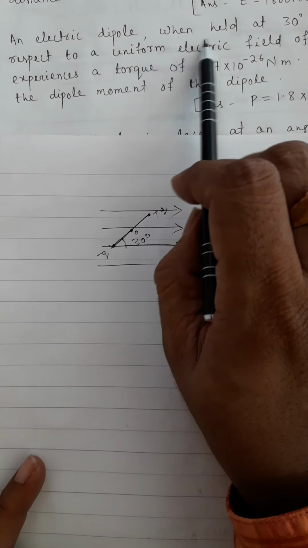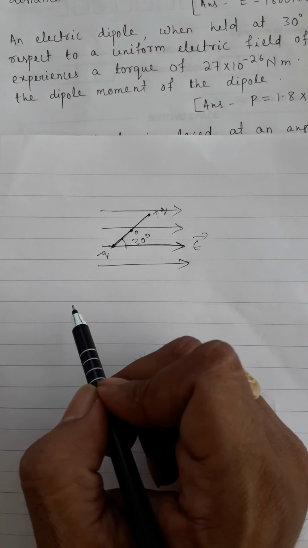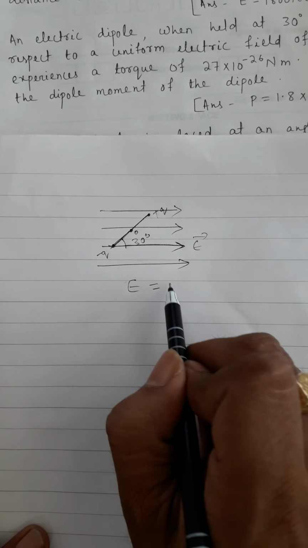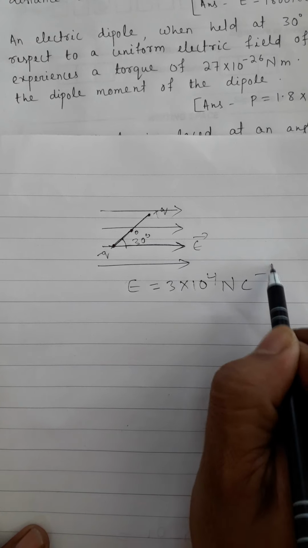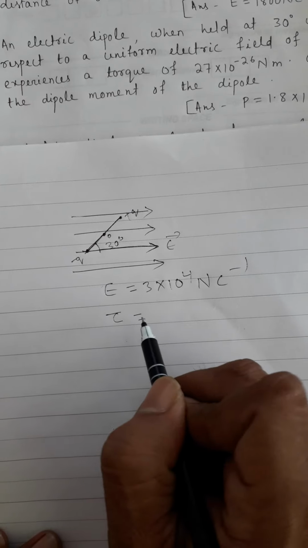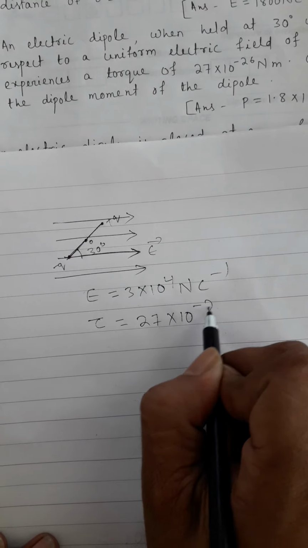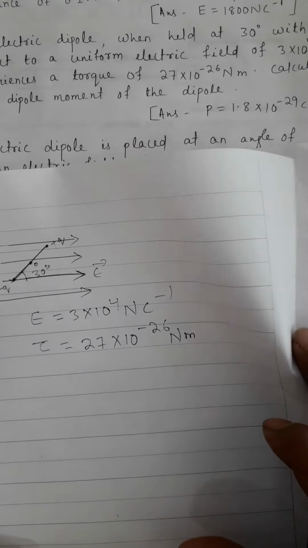And the value of electric field is also given, that is E is equal to 3 into 10 to the power 4 Newton Coulomb inverse, and it experiences a torque tau, and the value of tau is given, that is 27 into 10 to the power minus 26 Newton meter. We have to calculate the dipole moment of the dipole, that is P.